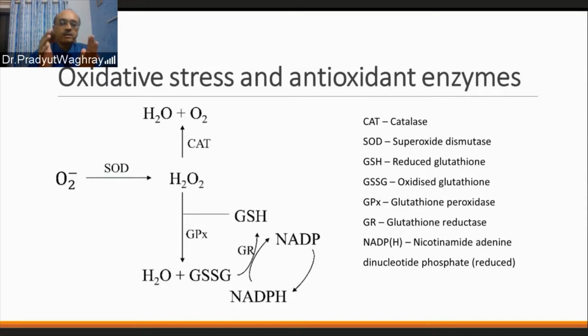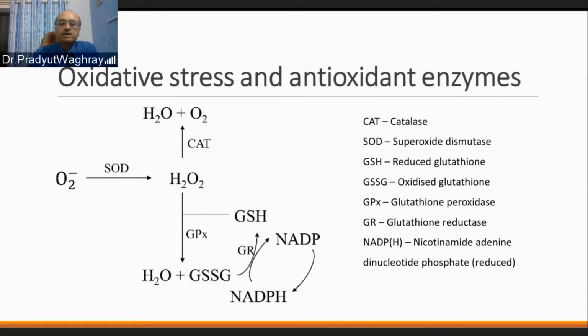This H2O2 is broken down by the enzyme catalase to harmless water and oxygen. Similarly, hydrogen peroxide, by the action of the enzyme glutathione peroxidase, produces water and oxidized glutathione.